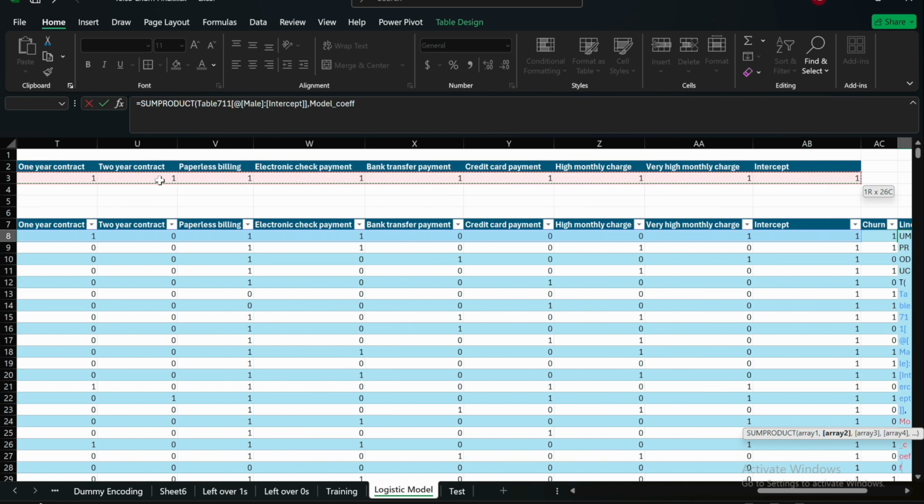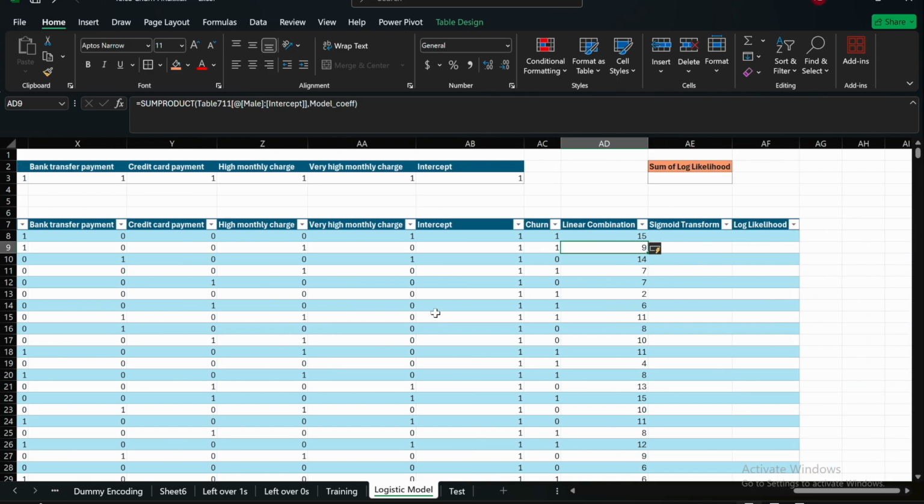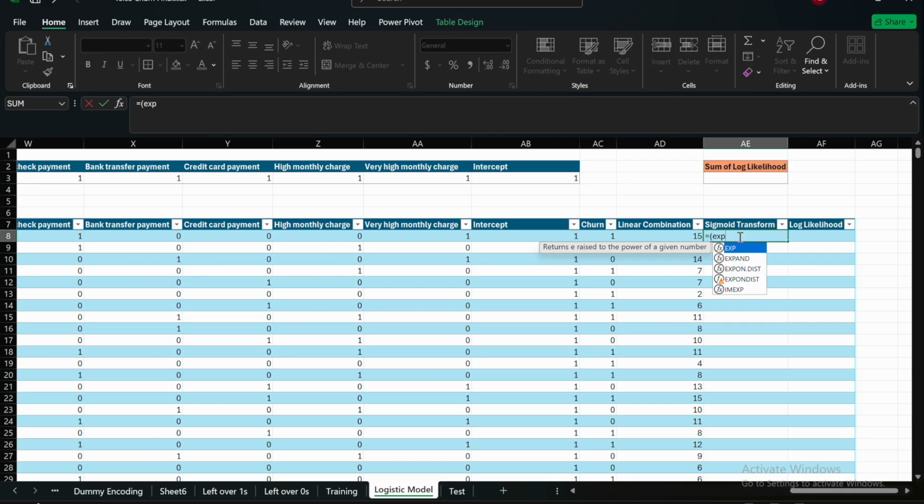Then the sigmoid transform is done, using the right formula, to turn the linear output into a probability between 0 and 1, which is essential for the logistic regression model.